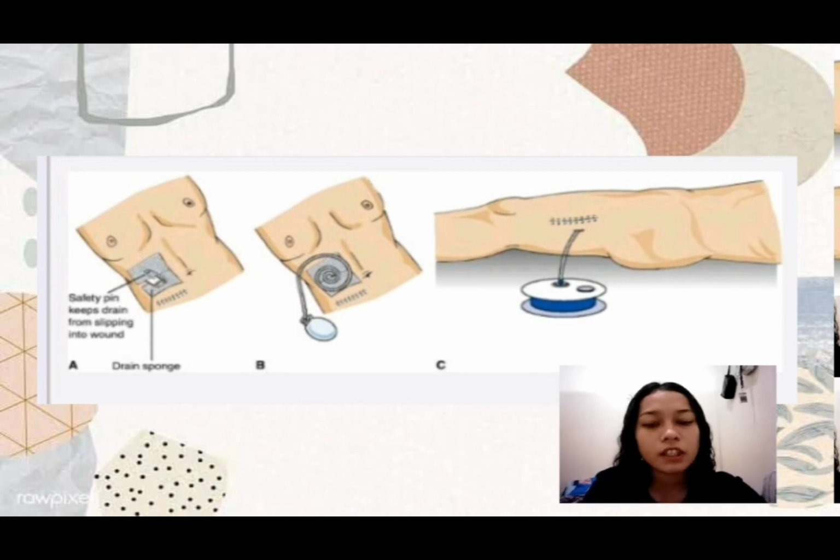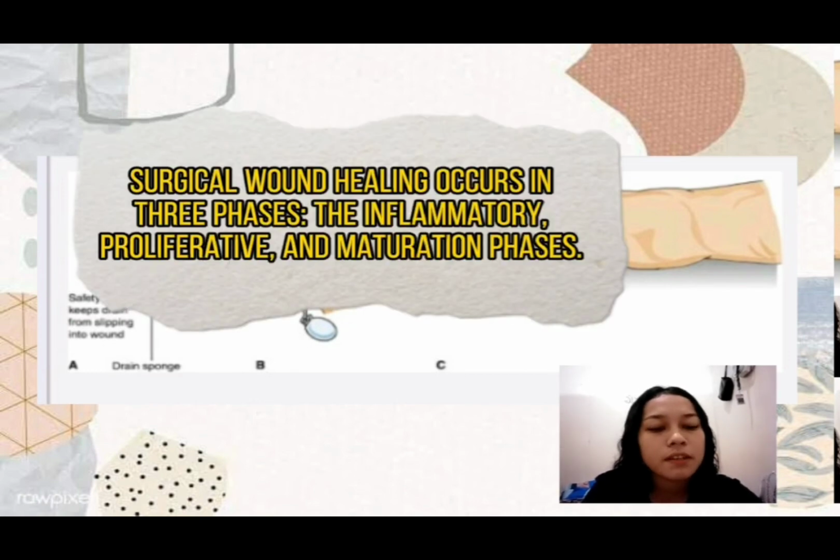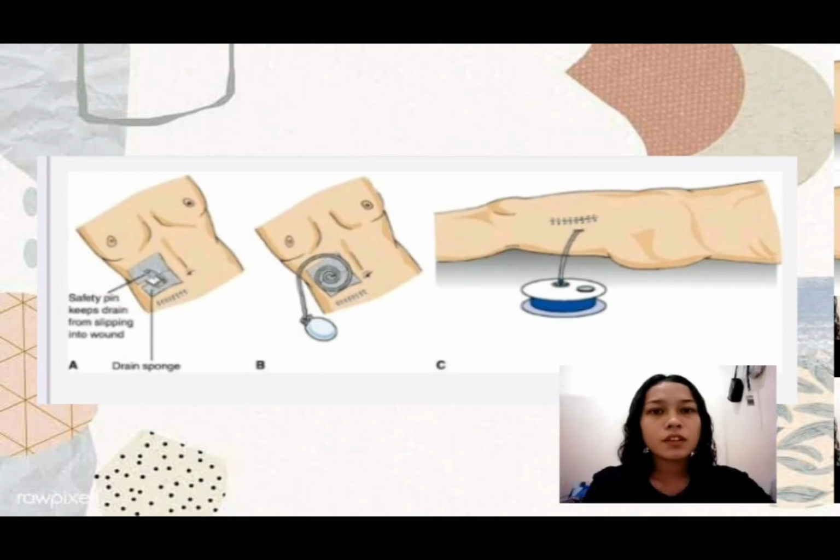Next we have the Jackson-Pratt drain. A Jackson-Pratt drain is a closed suction medical device that is commonly used as a postoperative drain for collecting bodily fluid from the surgical site. Its use is to help empty excess fluid from the body after surgery.